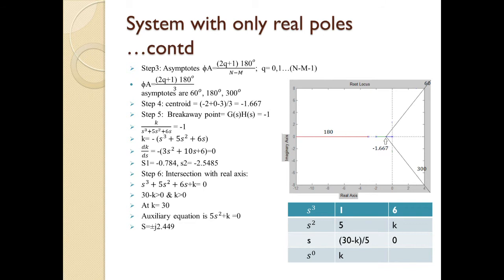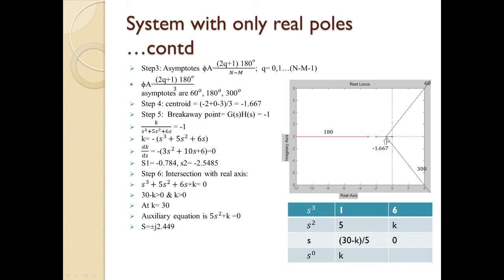Here, the real parts of the poles are 0, minus 2 and minus 3, so the summation becomes minus 5. There is no real part of zeros because there is no zero in the given system, and the number of poles minus zeros is 3. So, the centroid is at minus 1.667.